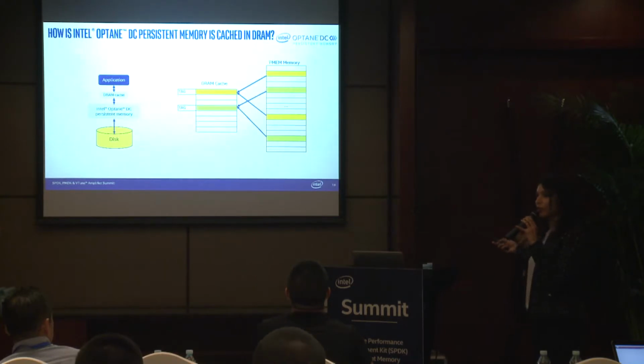So you can get a lot of conflict misses, and you should be looking for that. And what is the tag here? The tag is additional bits in the cache line, which helps the memory controller identify if the line you're requesting is a hit in the DRAM cache or not. That's what the tag is.